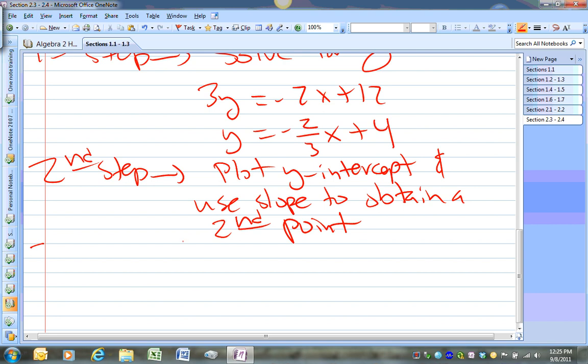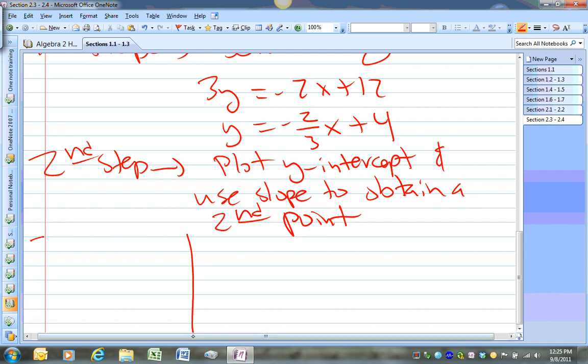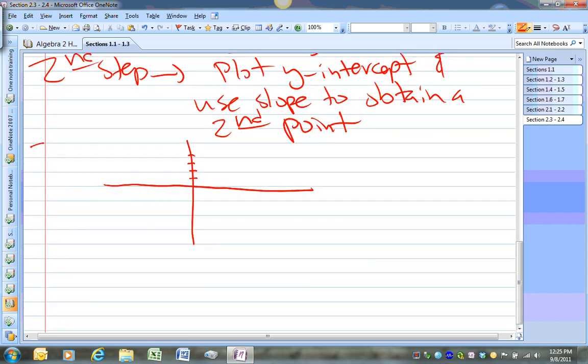So we'll do that right now. So here's 1, 2, 3, 4. And we make a few more tick marks here.